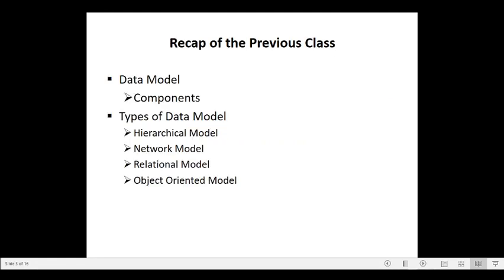To recall the content of the previous classes, where we have understood the data model, the different components of data model, and 4 types of data model: hierarchical model, network model, relational model, and the last session concentrated on object-oriented database model, where we understood the components of object-oriented database model, its advantages and disadvantages.